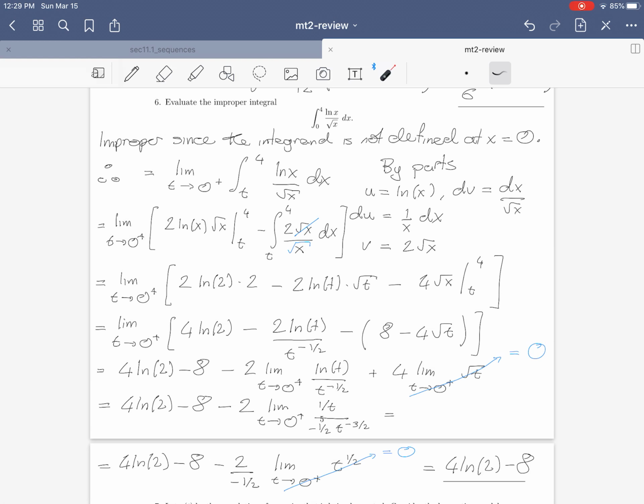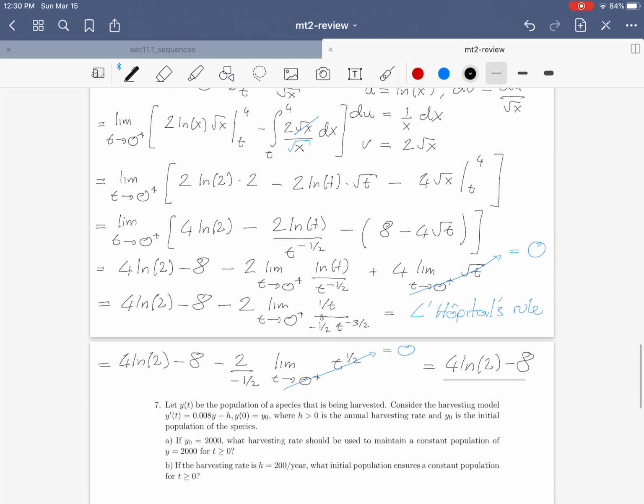Then the rest is calculating the integral, and finally we apply standard properties of limits. And I forgot to write here that at this stage we were using L'Hopital's rule.